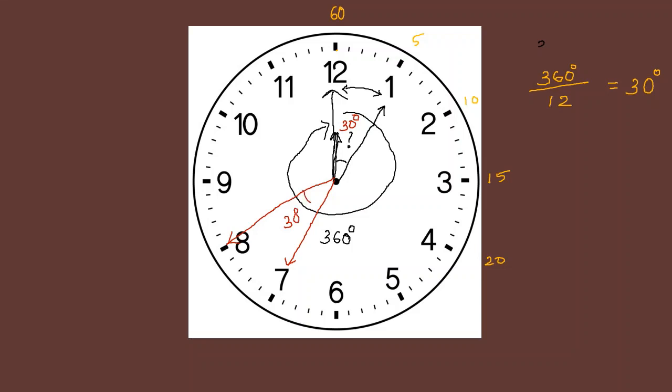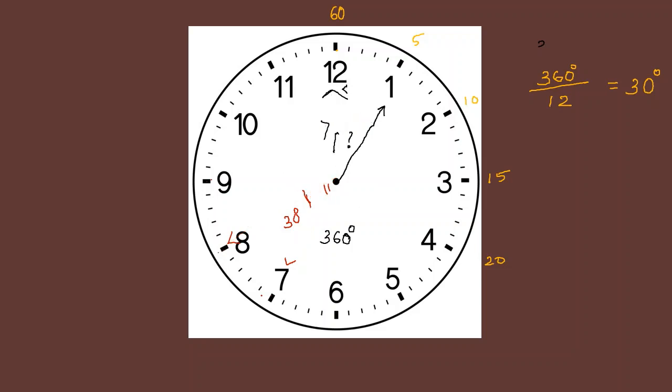Between 7 and 8, it is 30. Between 8 and 9, it is 30. Between 9 and 10, it is 30. So between each one of them, it is 30 degree. Are you following?